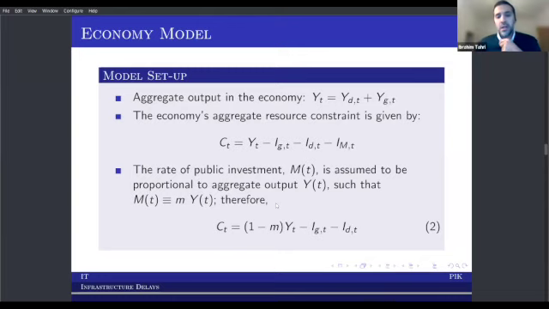A simplifying assumption in this model is that the rate of public investment is assumed to be proportional to aggregate output. Sorry for the typo here: it's not capital M, it's I capital M, and it's equal to M times Y, Y being the aggregate output.